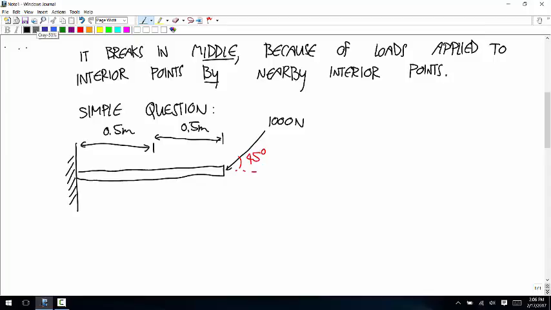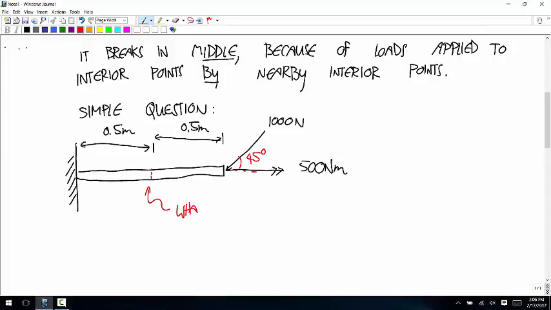And let's say also, and this is something that's a little bit new from the way we did it in statics, let's say we're also applying a couple in that direction of 5,000 Newton. That's a lot. Let's say 500 Newton meters. And we want to calculate the internal loads right at the midpoint.